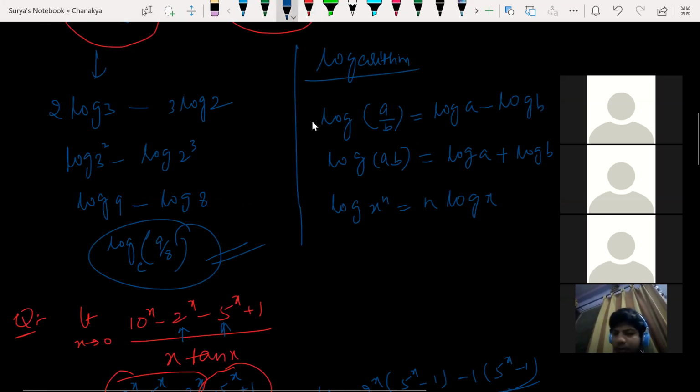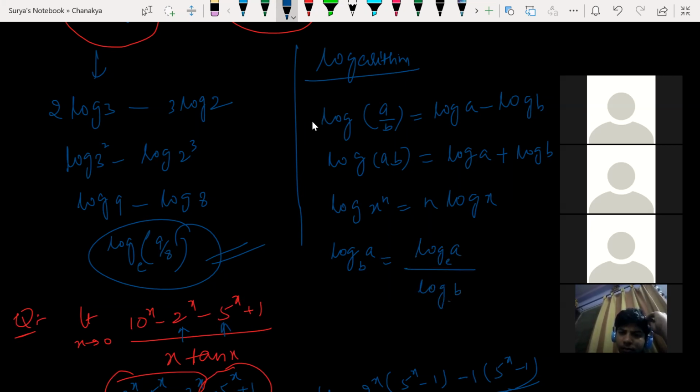Log A base B can be written as what? Log A base e divided by log B base e. Is it clear?